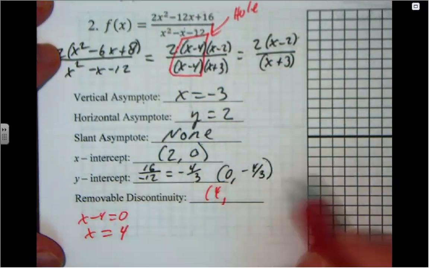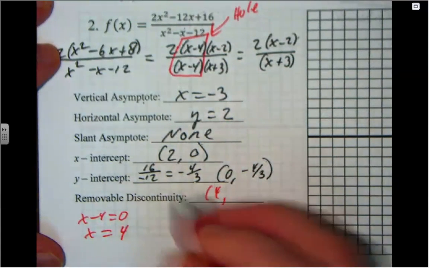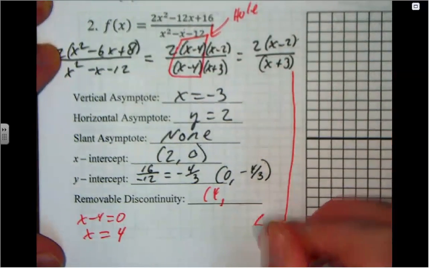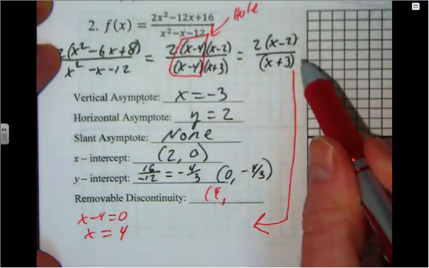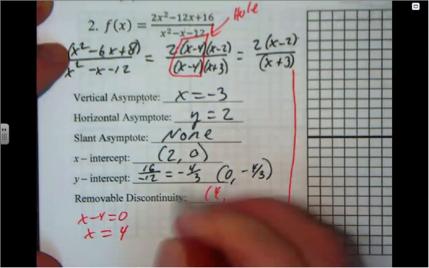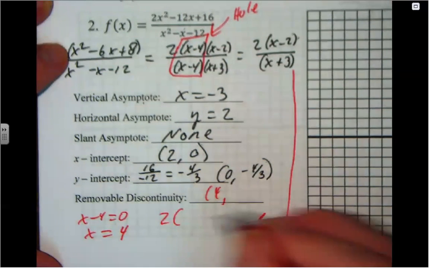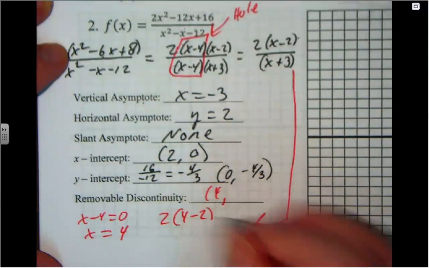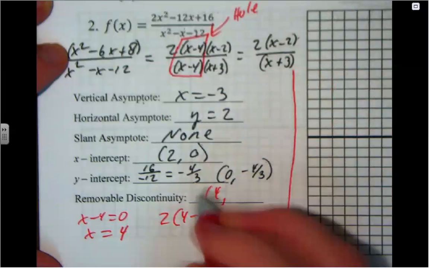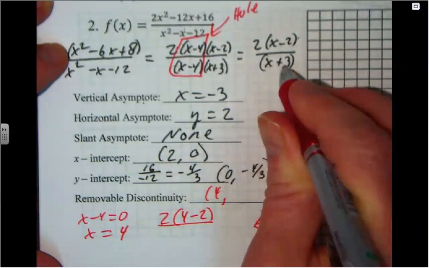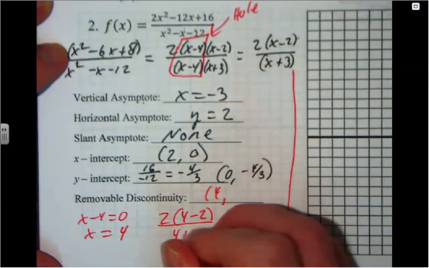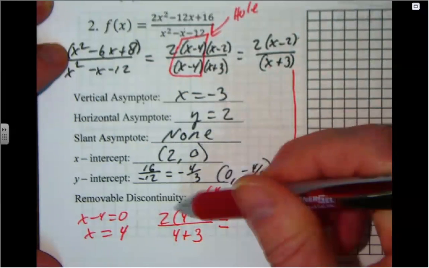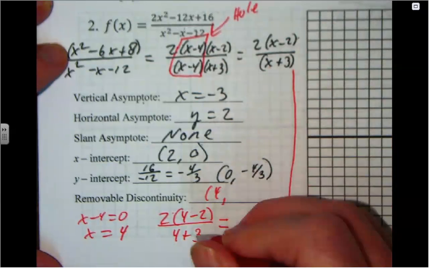To find out the y value, we plug that in to the simplified function. So we do 2 times 4 minus 2, you can just plug in 4 for the x, over 4 plus 3. And that's equal to 2 times 2 is 4 over 7.